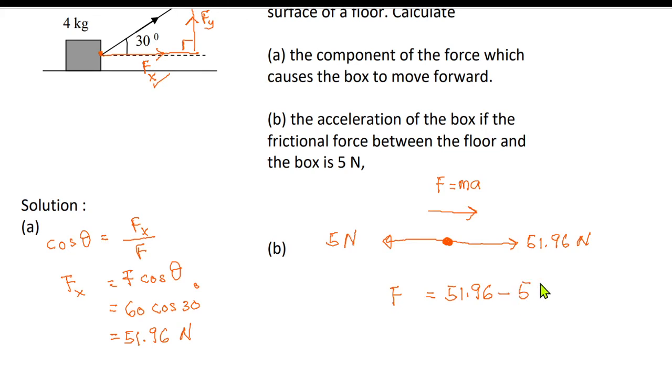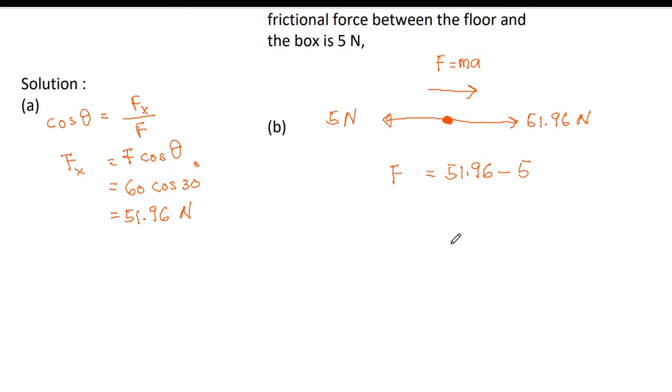But then F equals MA, so this shall give you 46.96 Newton. M in the question is 4, so 4A equals 46.96.